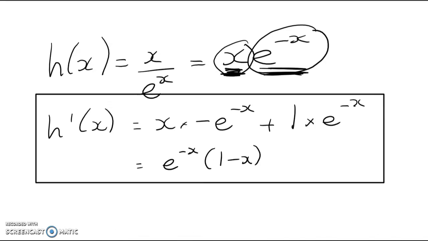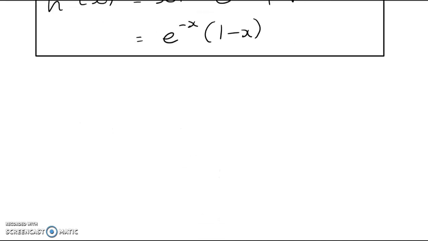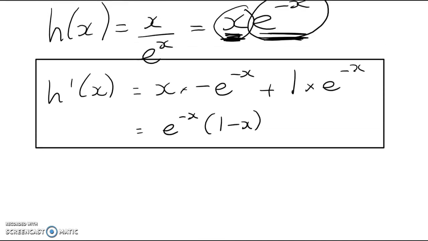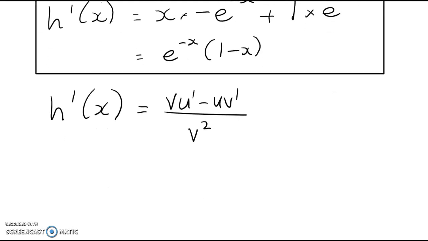So I'm going to show you how to do it with the quotient rule because it's not that bad with the quotient rule either. So doing this with the quotient rule, the quotient rule says v squared times vu dash minus uv dash. So squaring the bottom line, so what have I got? X over e to the x is h of x.